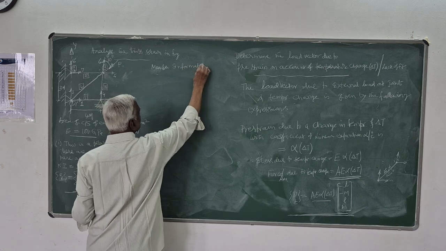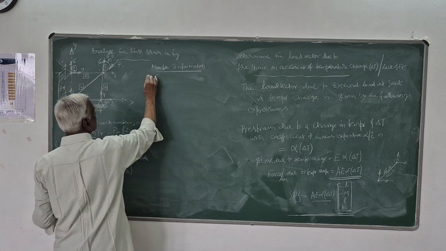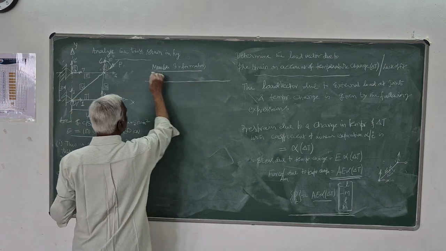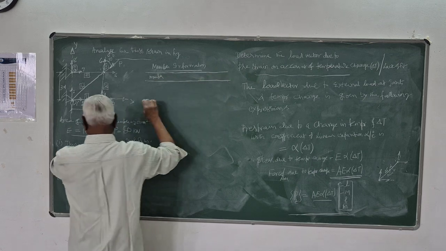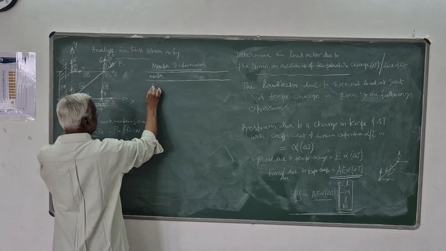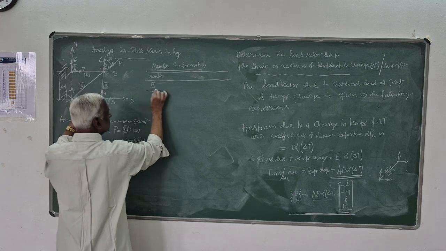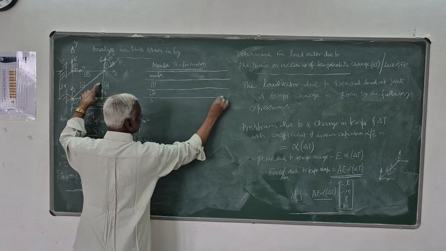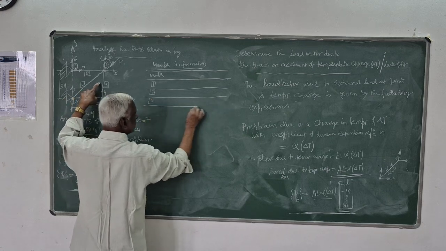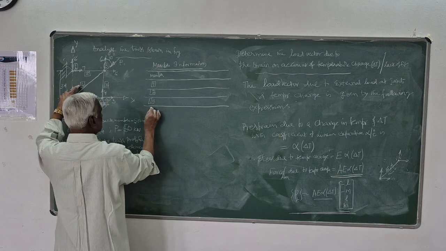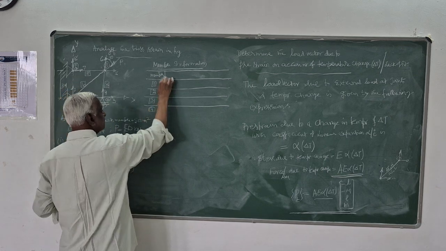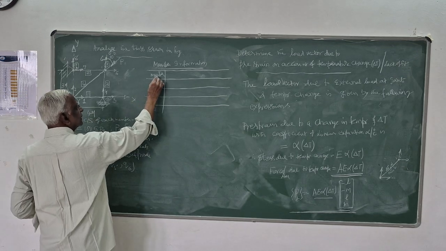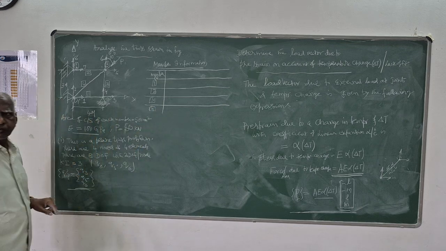You prepare a table: member 1, member 2, member 3, member 4. There are 4 members, each member i equal to 1 to 4.